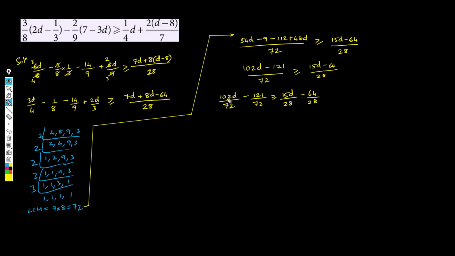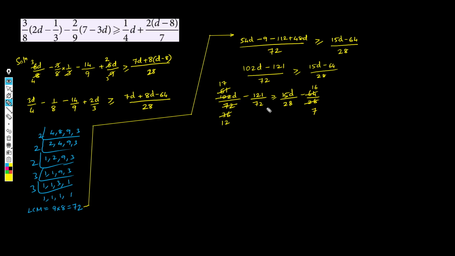I'm going to divide the numerator and denominator both here with 2. I'm getting 51 by 36. Again, on further dividing with 3, I get 3 17s are 51 and this would be 3 12s are 36. The same goes here. I would divide both numerator and denominator with 4. 4 7s are 28 and 4 16s are 64.